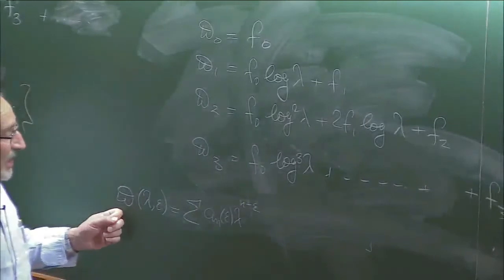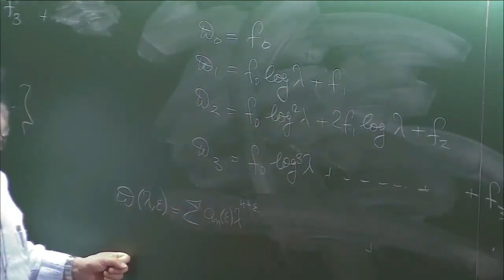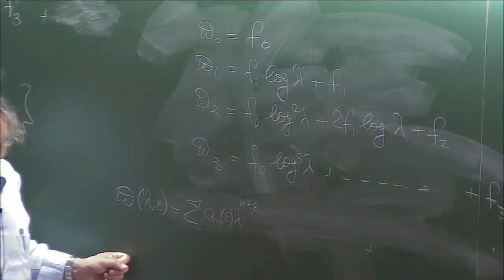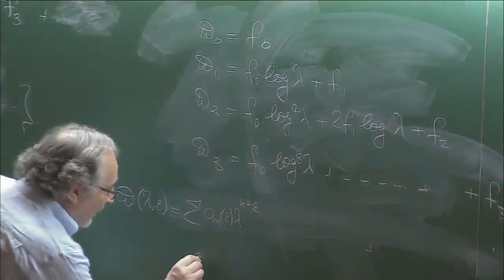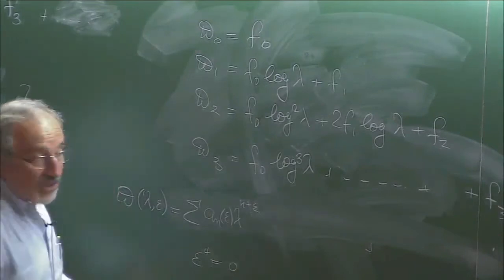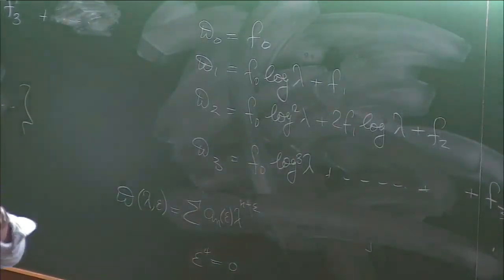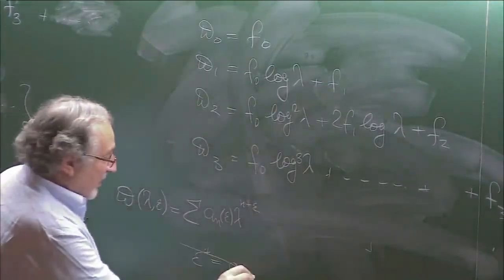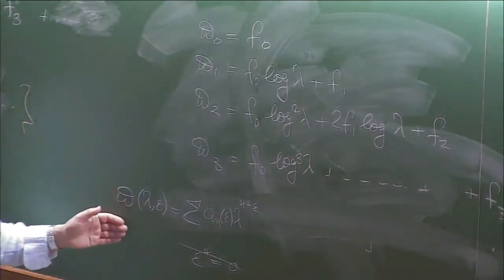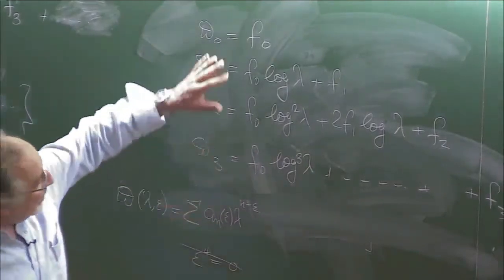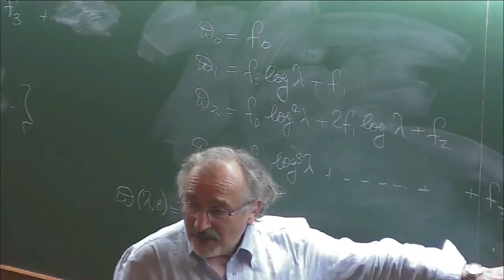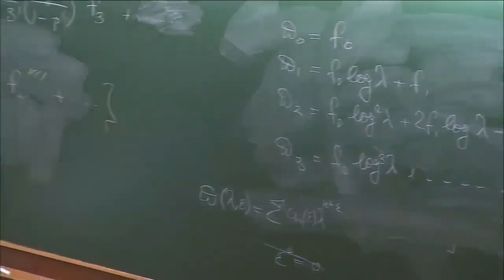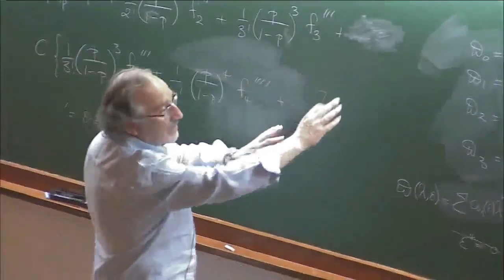If you take this function and its first 3 derivatives, you get solutions of the equation. If you just keep on differentiating, you forget that epsilon to the 4th is 0. Then you'll generate more solutions with an F4 and F5 and so on. Those are precisely what you want to put into these.